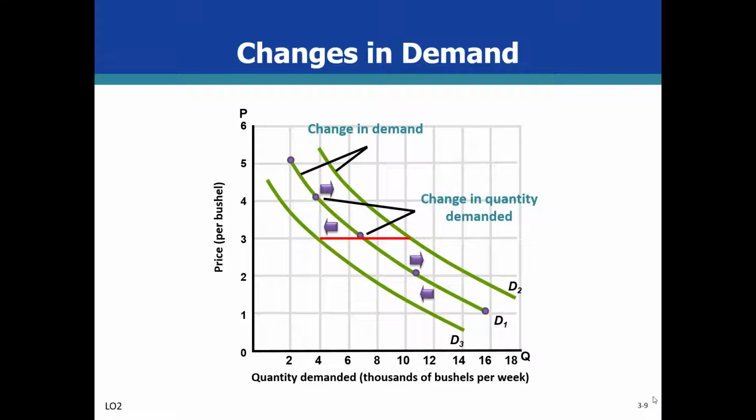So we have two factors. Moving up and down the D1 curve on those blue dots represents changes in the quantity demanded due to price. The shifts from left to right are a change in demand.